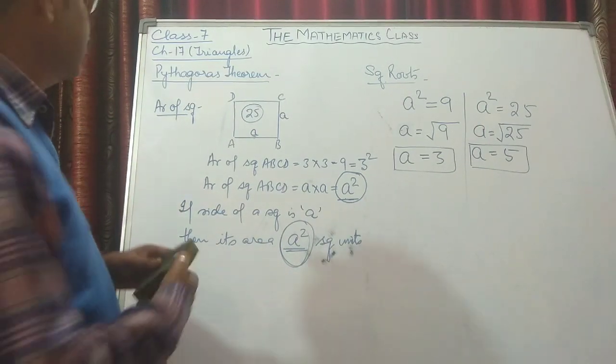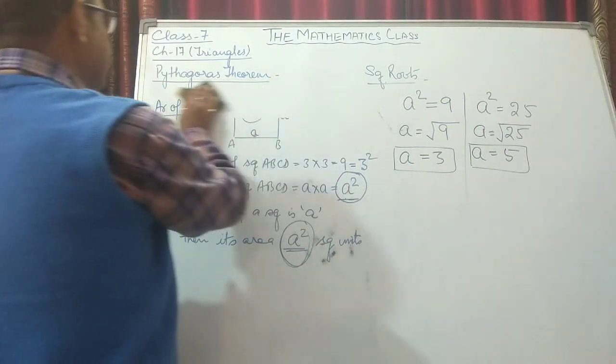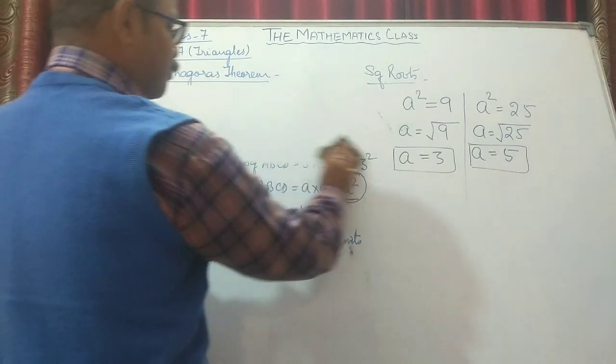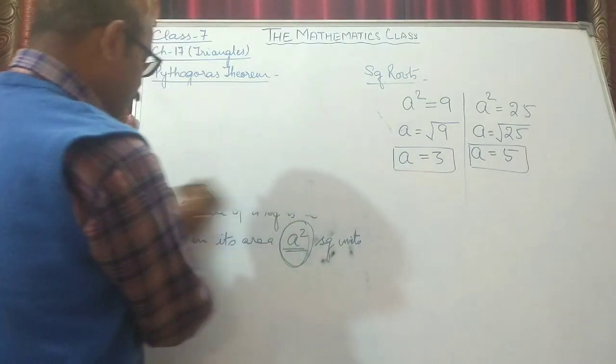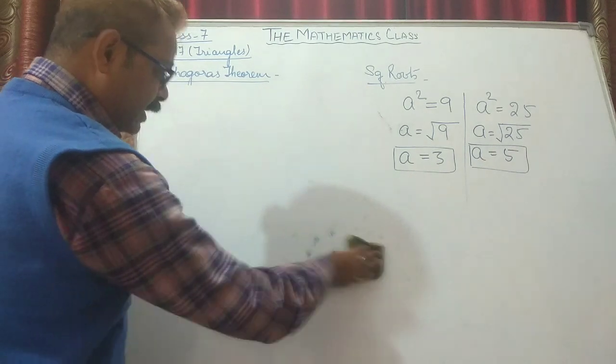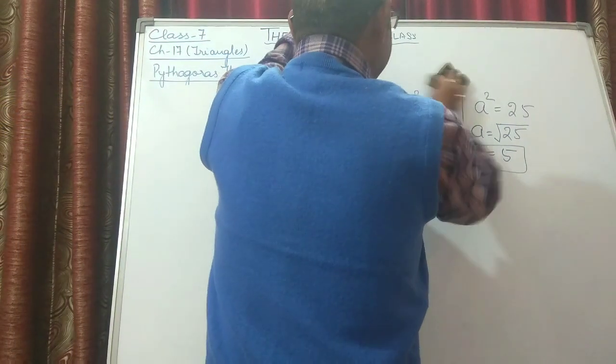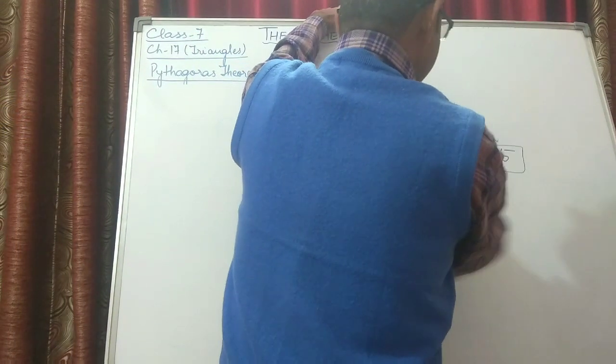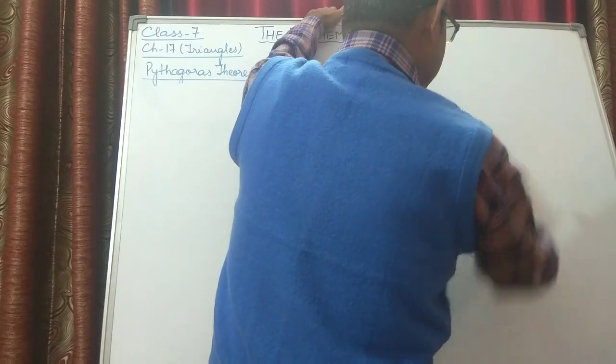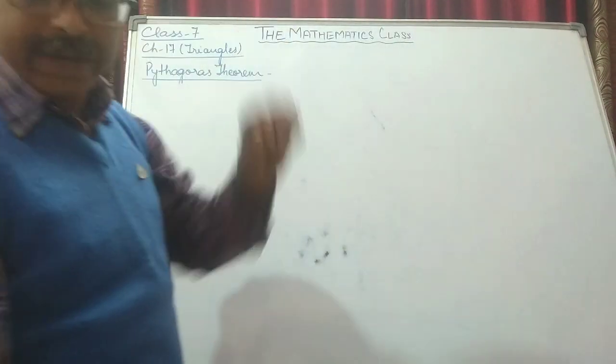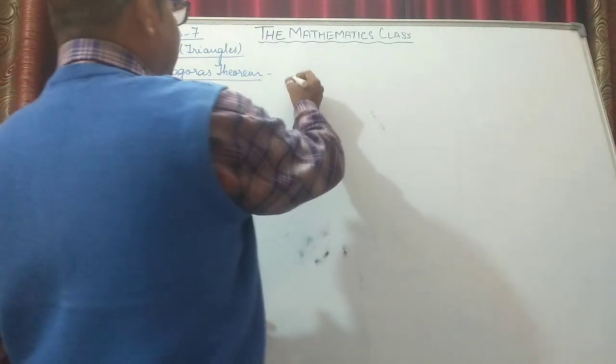Now we move on to the Pythagoras theorem. So what is Pythagoras theorem? Basically, Pythagoras theorem is applicable in a right-angled triangle. So first of all, we will draw a right-angle triangle.